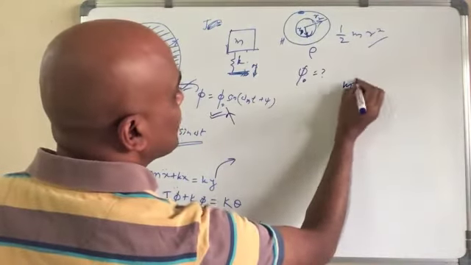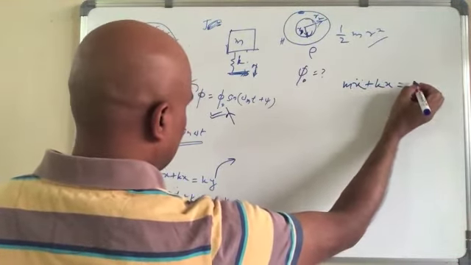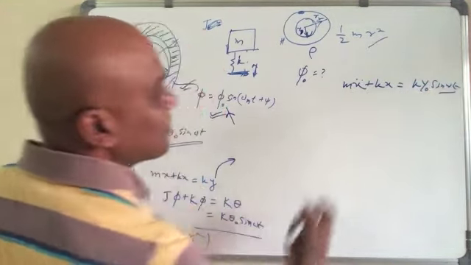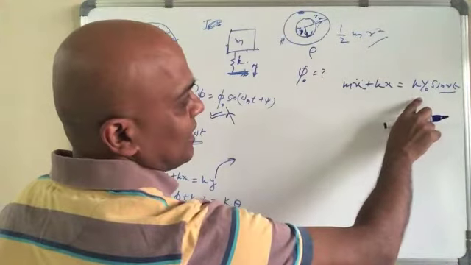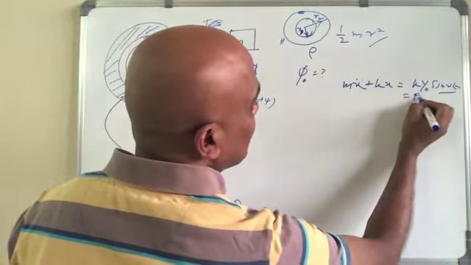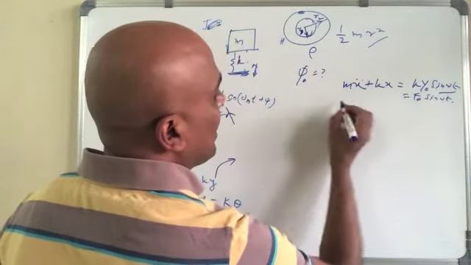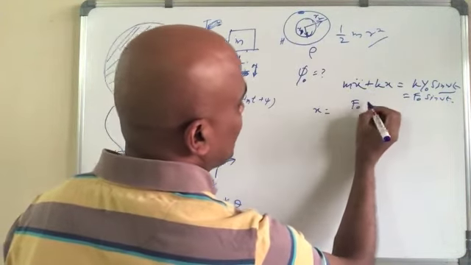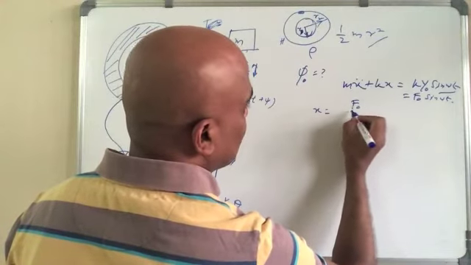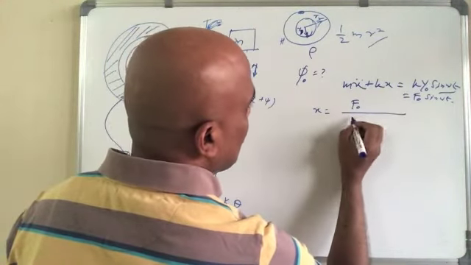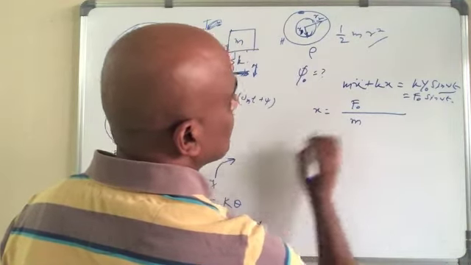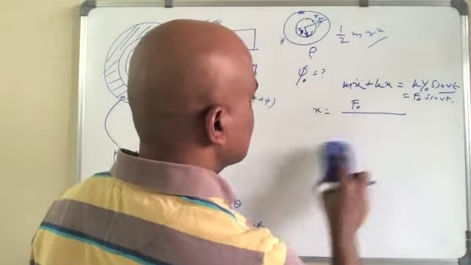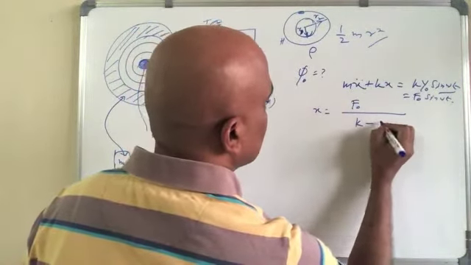So if you have m x double dot plus k x equal to, say, k y naught sine omega t, okay, in that case let's call this f naught sine omega t, yeah, and the solution will be simply x equal to f naught divided by k minus m omega square.